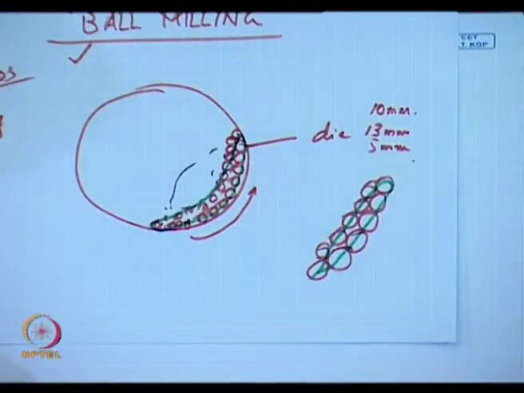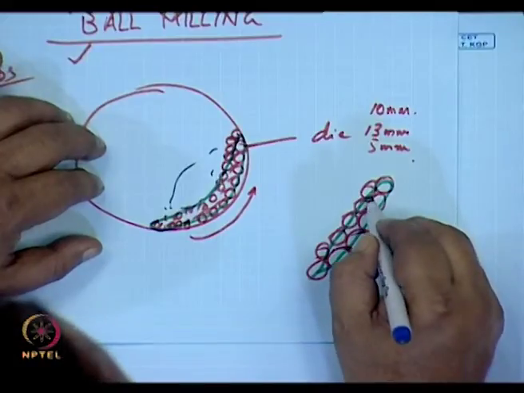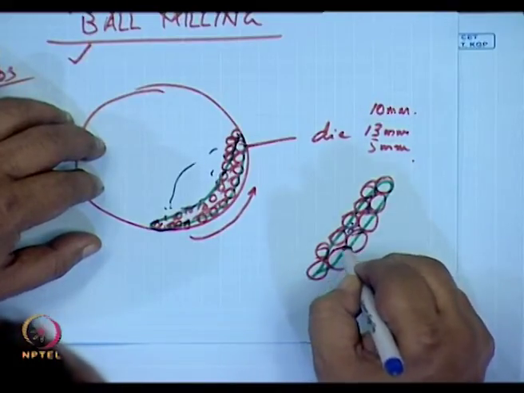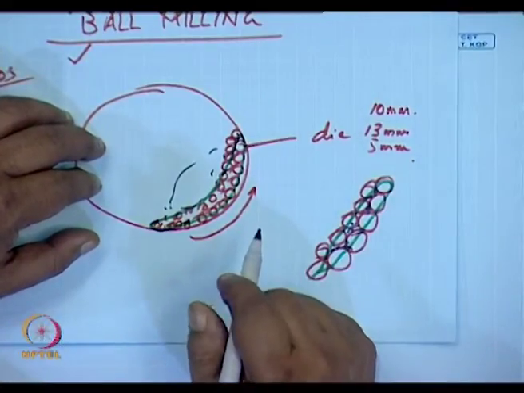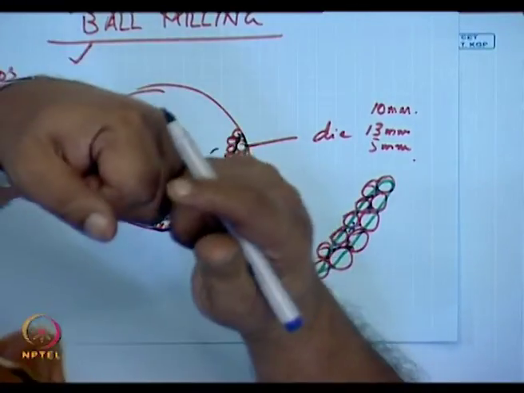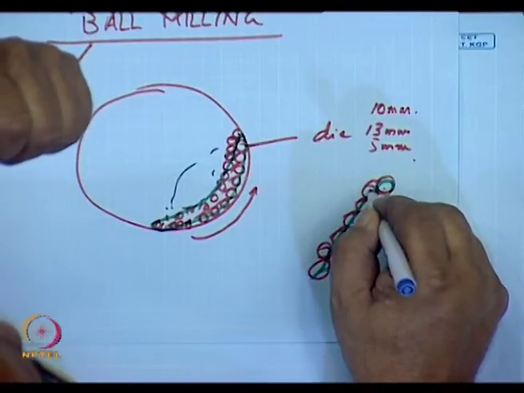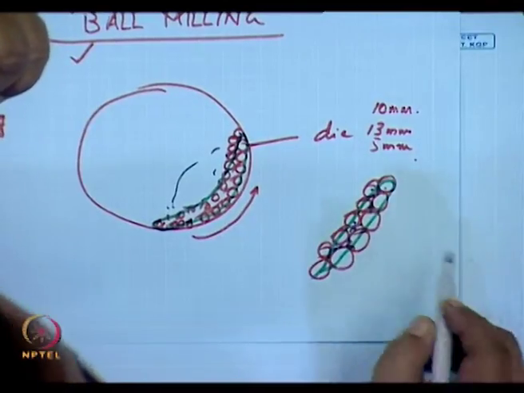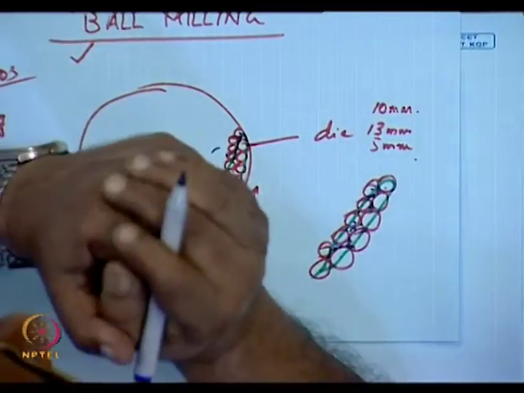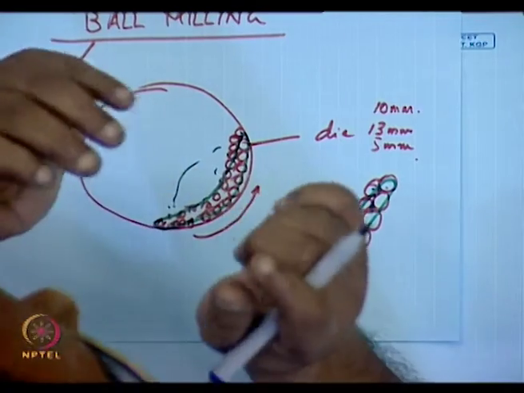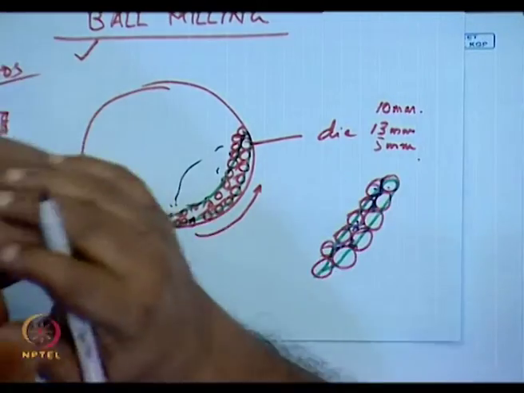The ceramic powders are all within these balls. This ball and this ball will rotate in the counterclockwise direction, because this is going up and this is going down, and the ceramic powder which falls between the balls gets crushed.